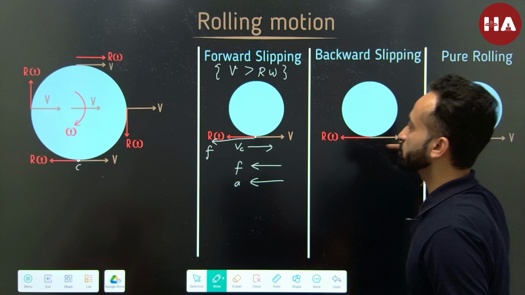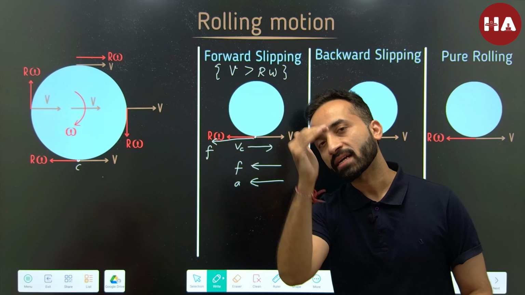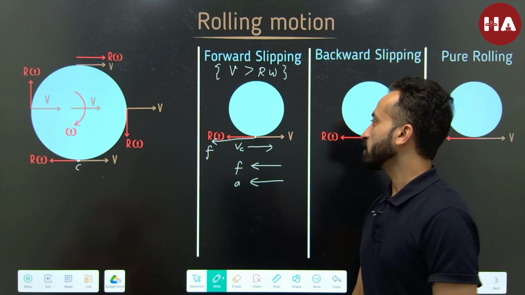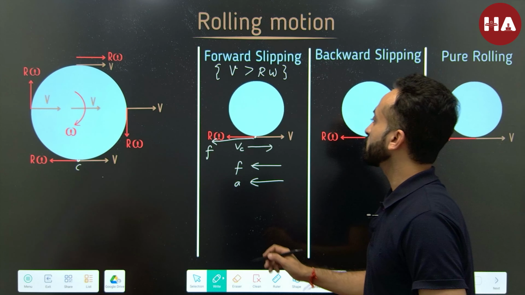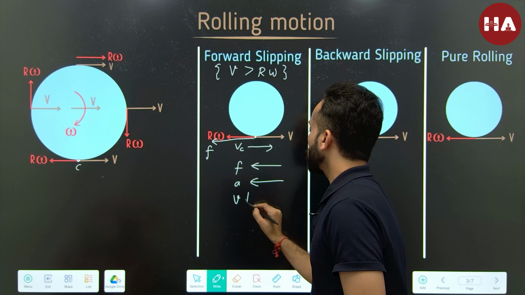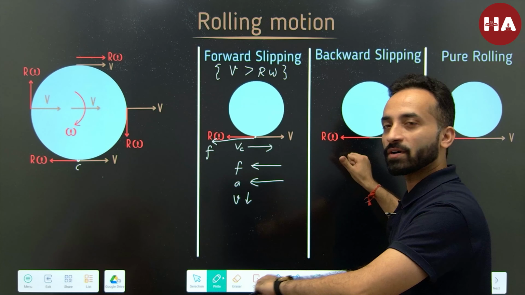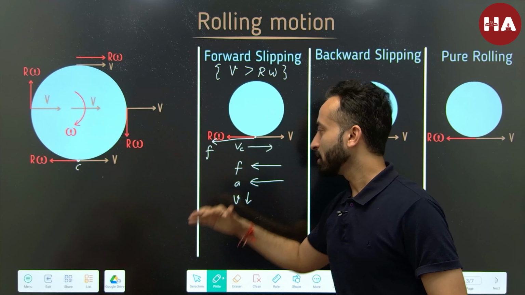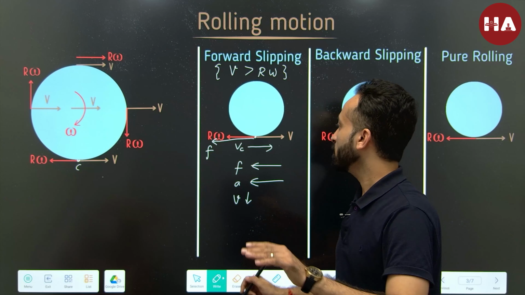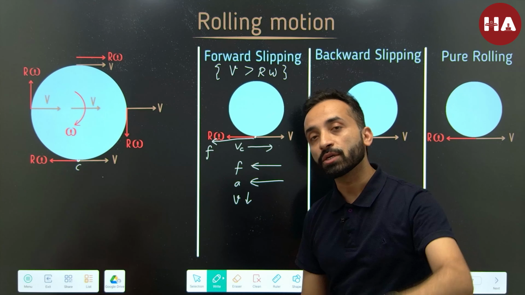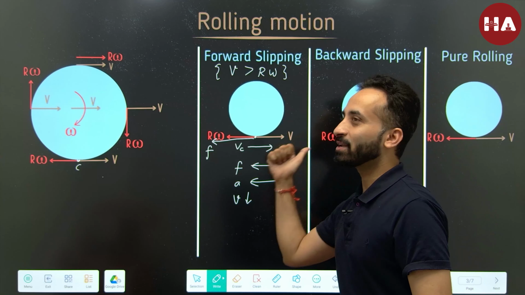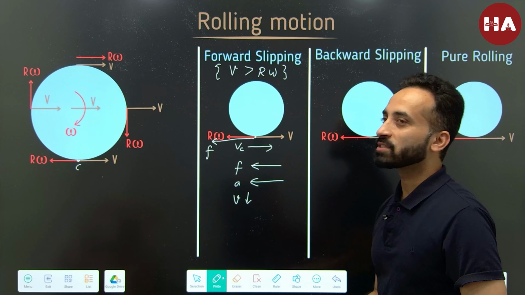Since friction is acting backwards, the acceleration is also backwards. This backward acceleration will ultimately cause deceleration, because velocity is forward and friction is acting backward, so it will cause the velocity to reduce. Whatever was the value of V, it is trying to reduce that V.